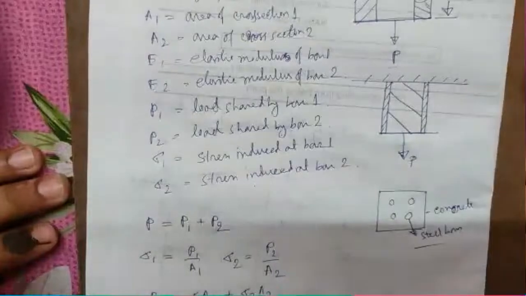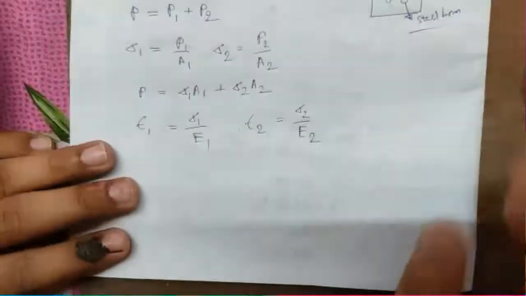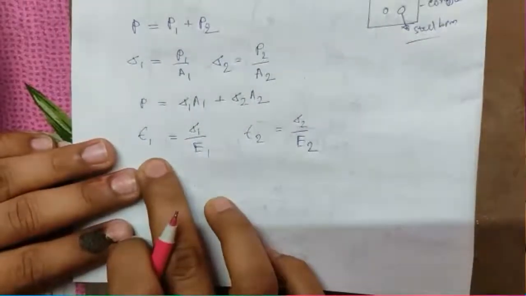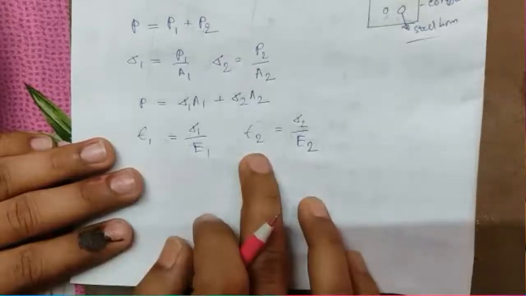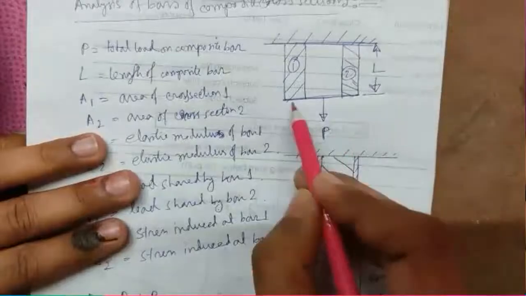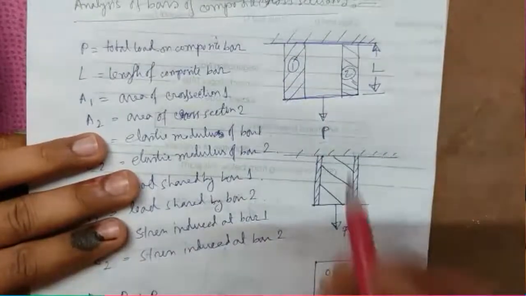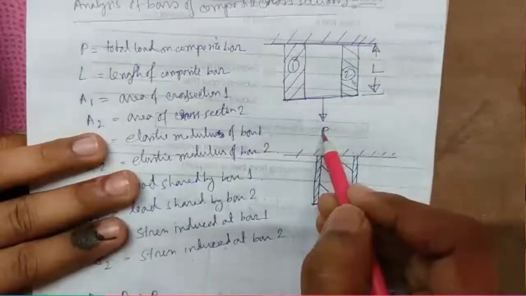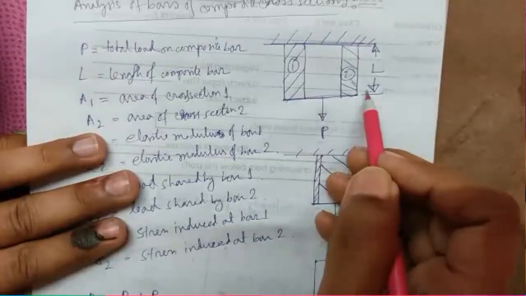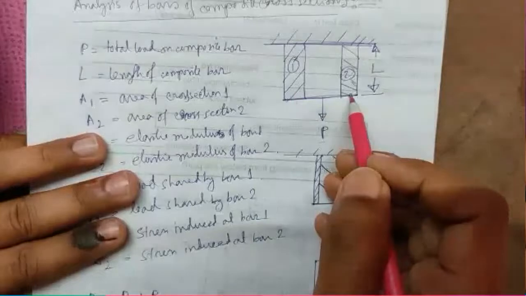This strain at bar 1 and strain at bar 2, if you look at this figure, you find that both ends are rigidly fixed on bar 1 and bar 2. So if P is applied, the strain in bar 1 and strain in bar 2 will be the same. The elongation here and here will be the same because these ends are rigidly fixed. So if the elongations are the same, the strains are also the same.